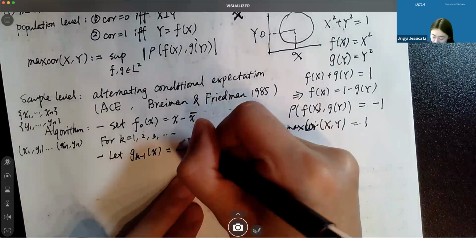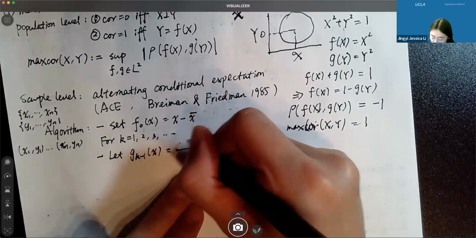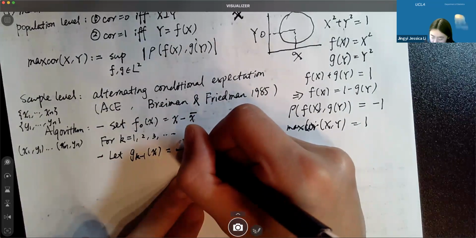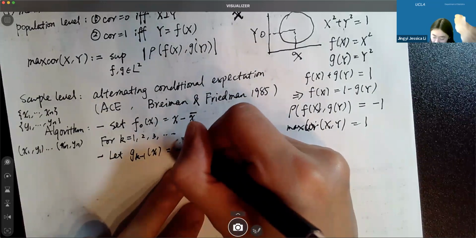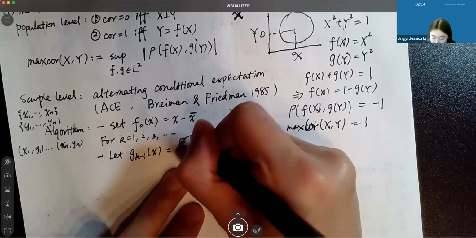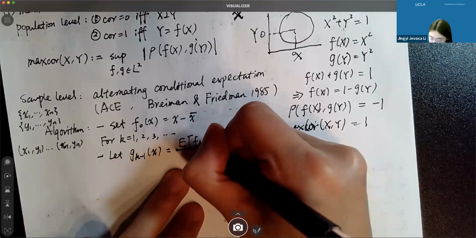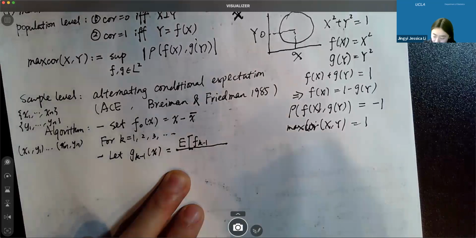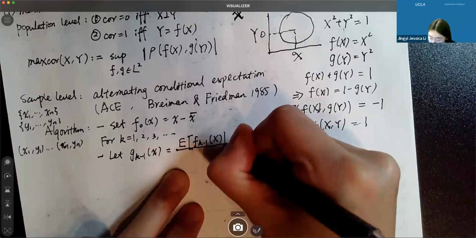Let me write the theory first, and then we put a hat. So it's the expectation of this f_{k-1}, the previous f function you have, applied to the variable x, conditional on y.